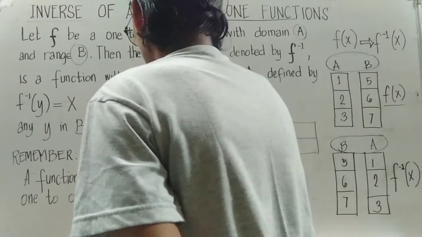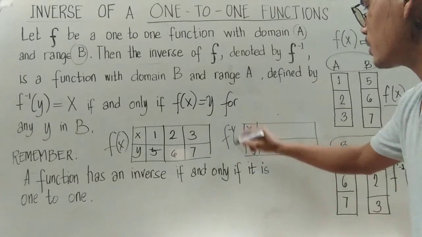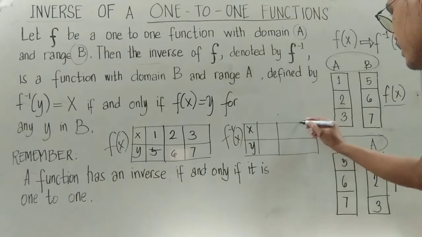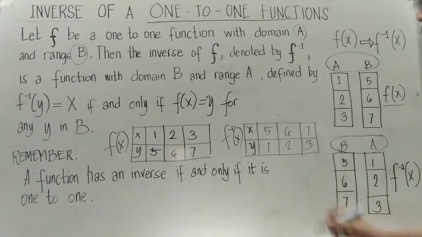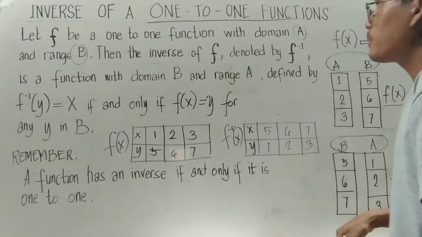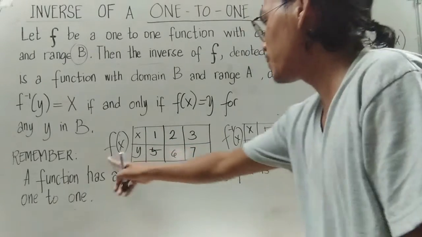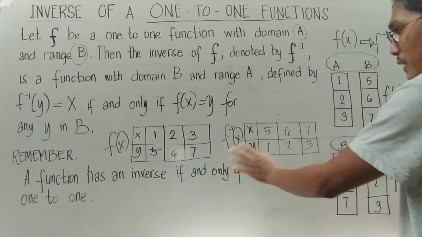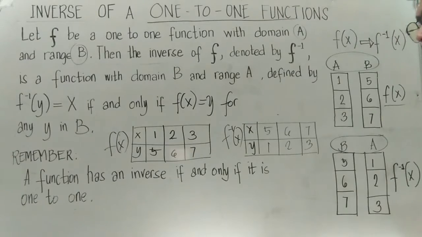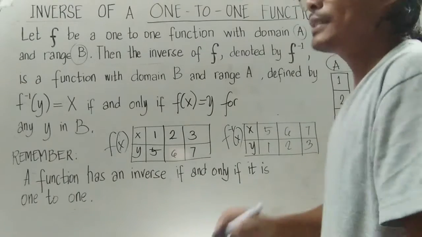This is the domain and range of your f of x, and this is the domain and range of the inverse of f of x. They will interchange. It's as simple as that. I just want to put in your mind that when we are solving a one-to-one function and its inverse, the domain and range of your f of x and the inverse of f of x are interchanged. That is the concept, and we will use it in solving for the inverse.